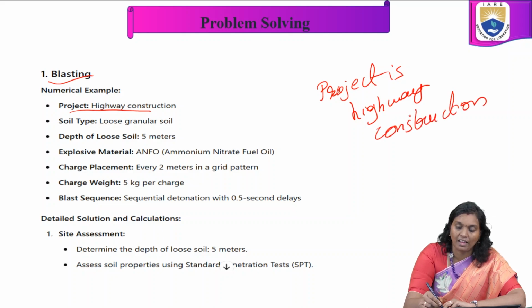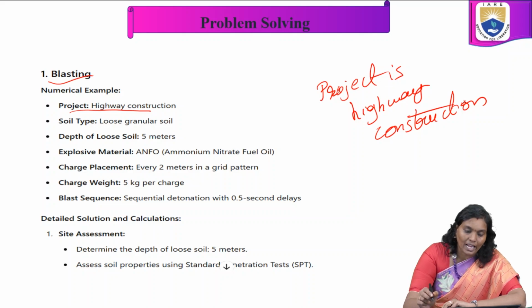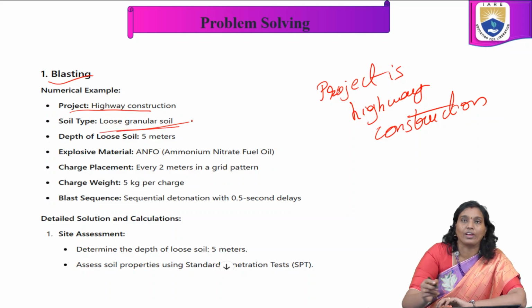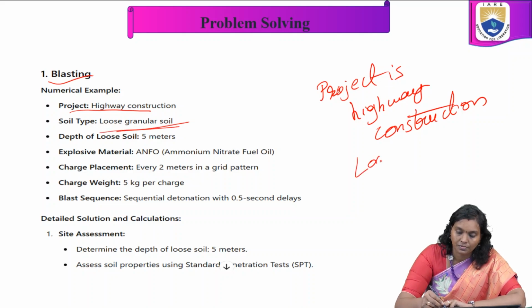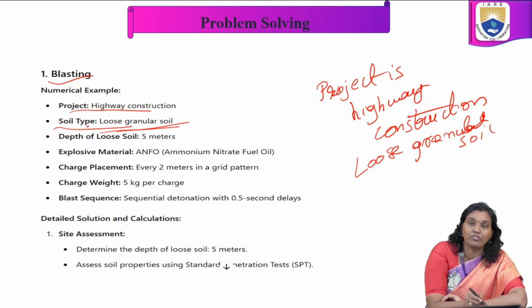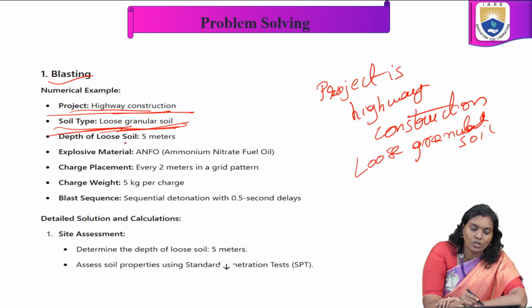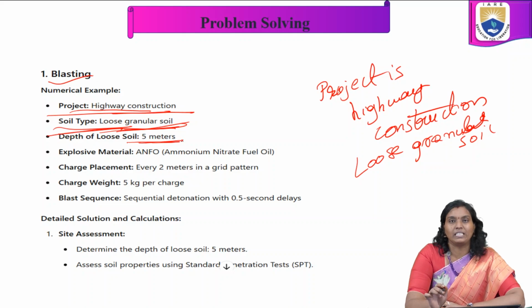The project is highway construction. Soil type is loose granular soil. This is the project which we are going to construct, and this is the soil type. The depth of the loose soil is 5 meters.